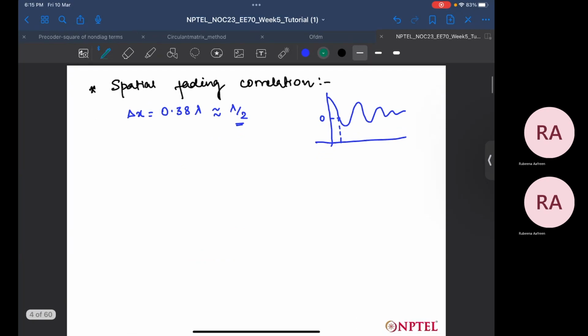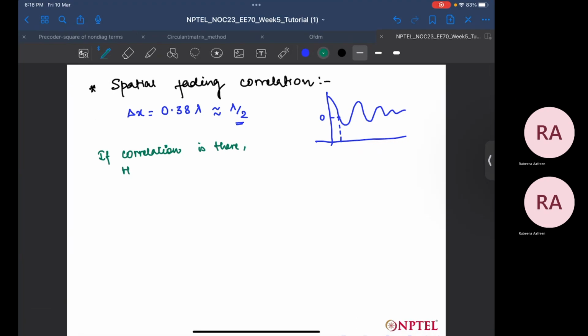But if there is correlation, then the channel matrix is modeled as vec of h equals R to the power half times vec of hw.